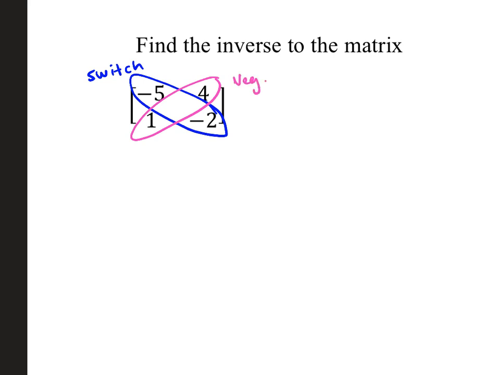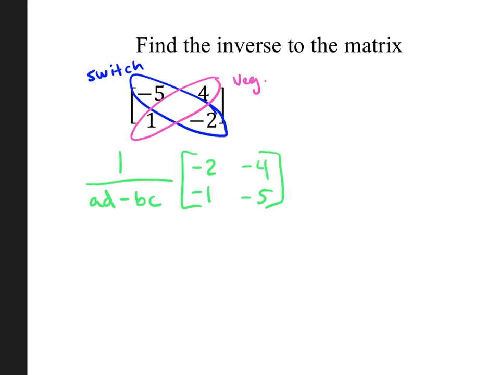And then what do we have to multiply once we do that? A times D minus B times C. So when we switch the majors, we just move their position, so the 2 goes into the upper left-hand corner, 5 goes down to the bottom. The minors stay in the same spot, we just have to make them negative, so negative 1 and negative 4.